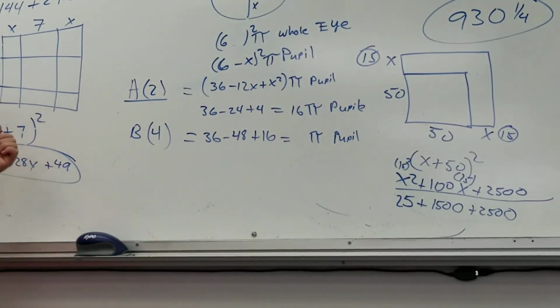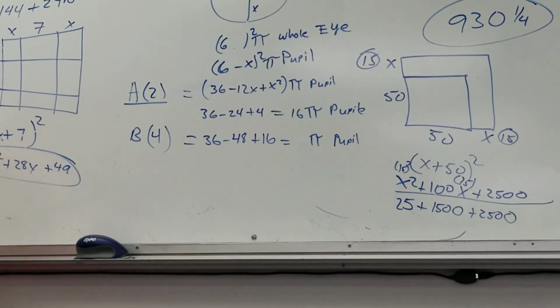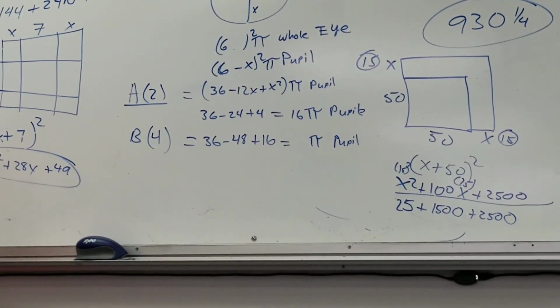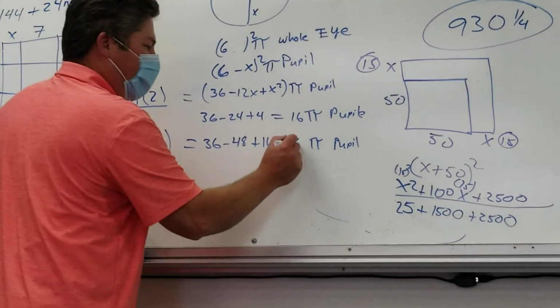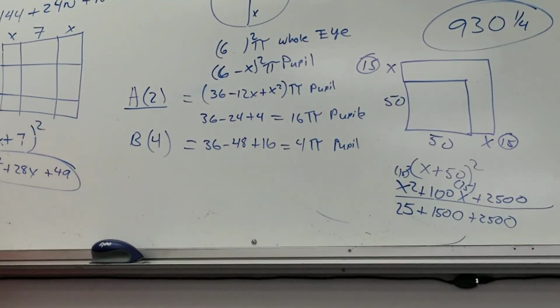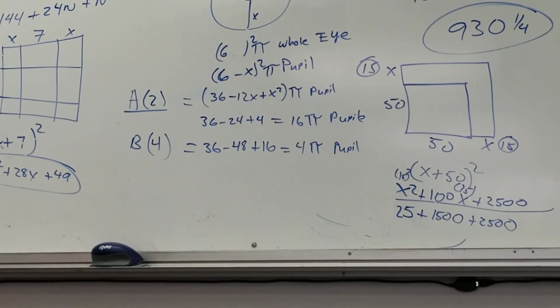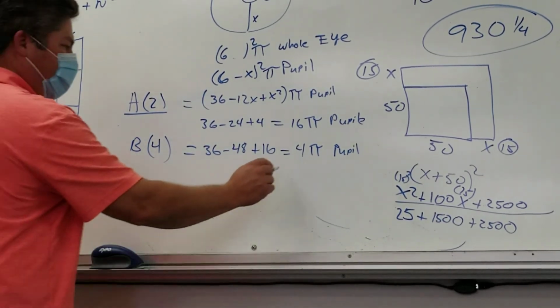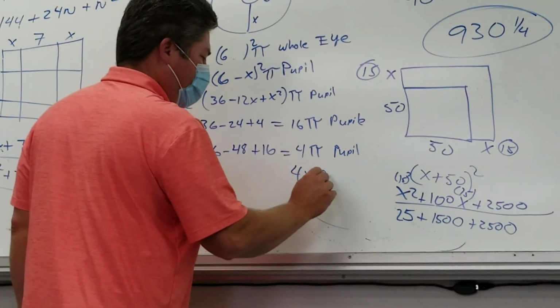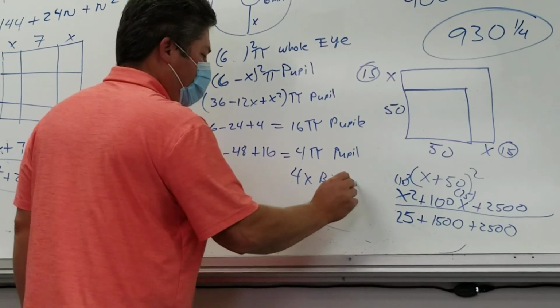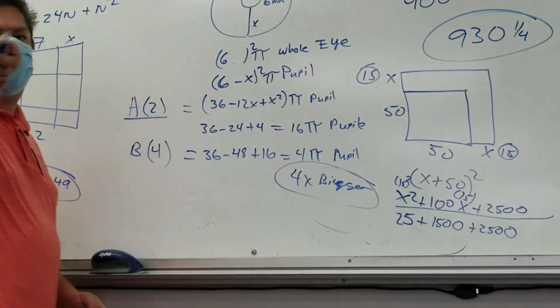Okay, so what's that going to be then? That's 32. This is 4 pi, right? Oh, that makes this way easier. Yeah, it would have been 2.5 if it was 6, but it's not. It's 4. Now I'm going to do 4 times 4, which is 16, so it's 4 times bigger. That's my answer. Okay, you can stop.